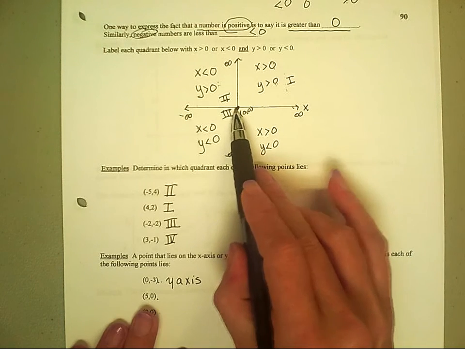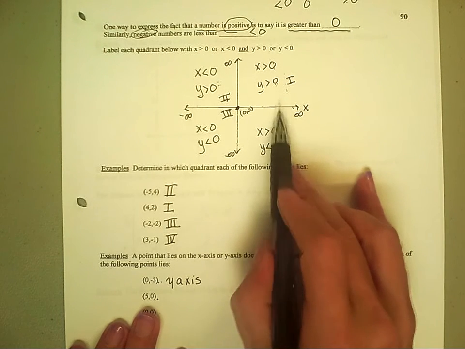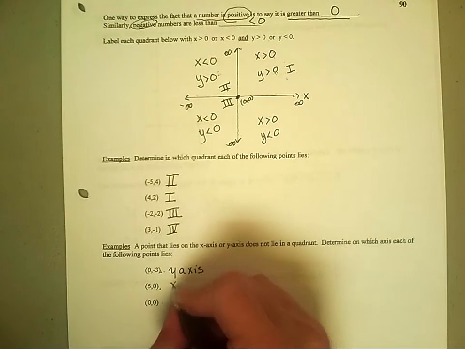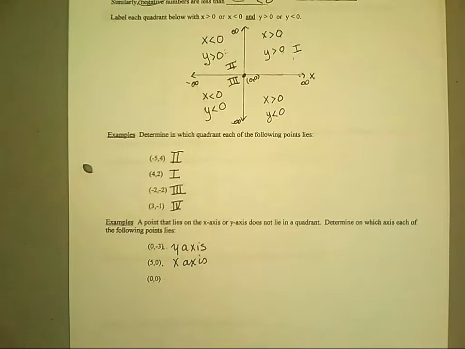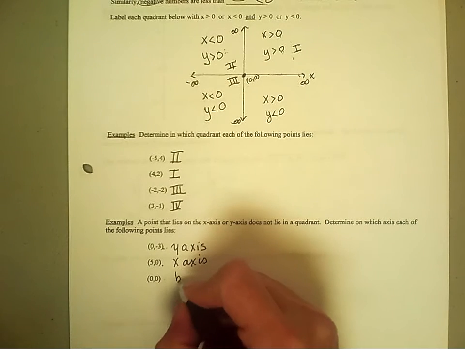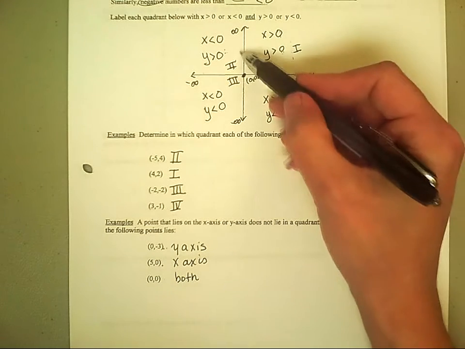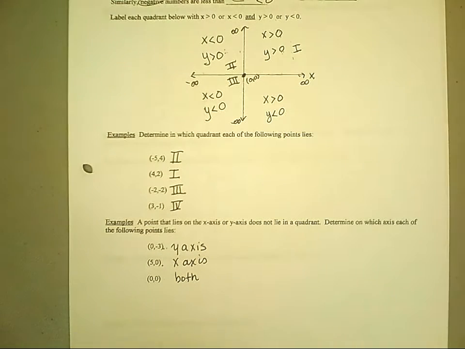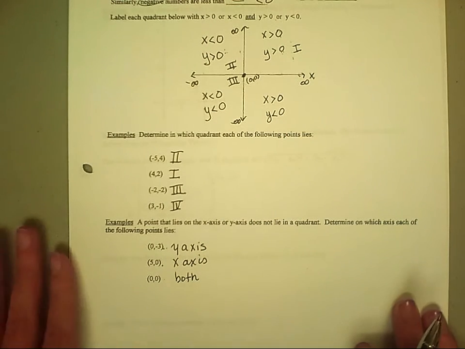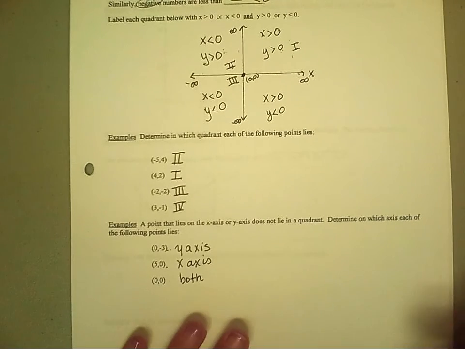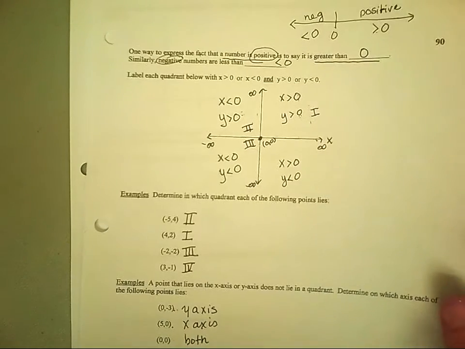With this one, I'll go positive 5, but then nowhere up or down, so I must be on the x-axis. And the point 0, 0 lies on both. It is the intersection of the two. All right. So that's what the quadrant is.